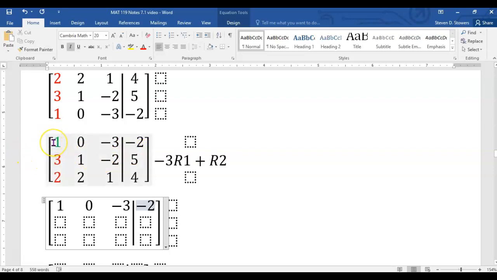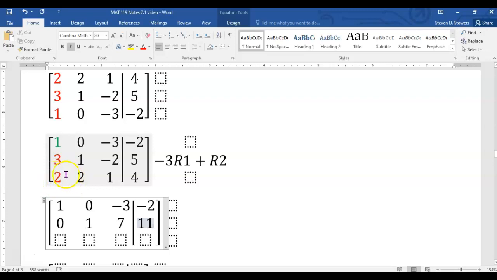So -3 times 1 is -3, plus 3 is 0, just like we planned. But continuing that the rest of the way across, -3 times 0 is 0, plus 1 is 1. -3 times -3 would be +9, plus -2 would be 7. And then -3 times -2 would be +6, plus 5 would be 11.